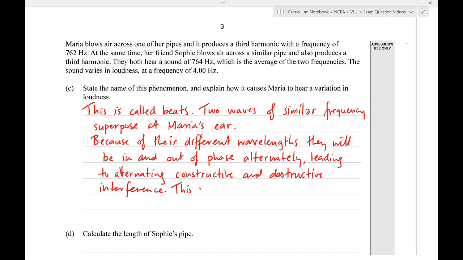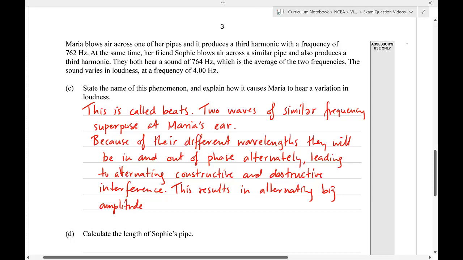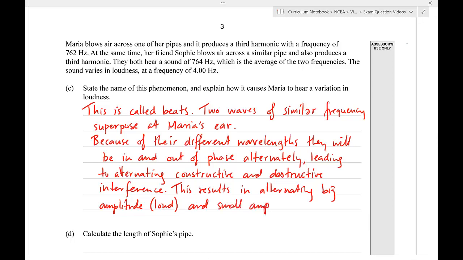This results in alternating big amplitude, and we'll call that loud, and small amplitude and quiet.